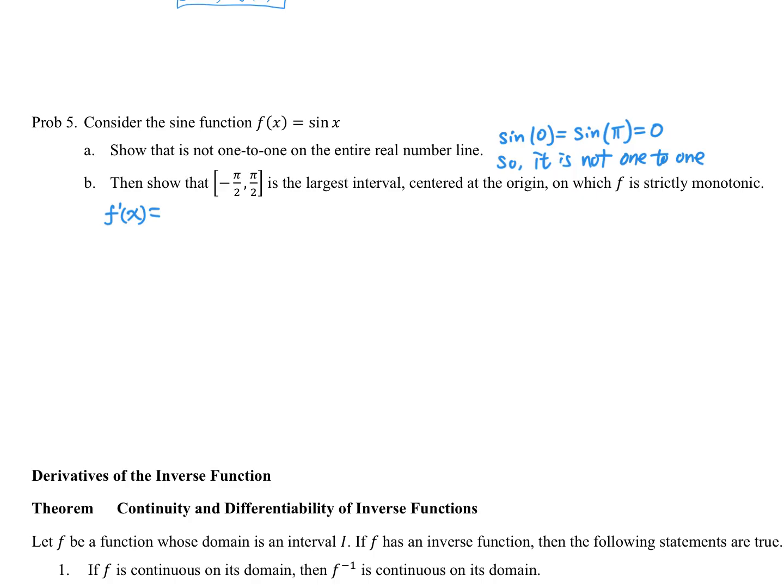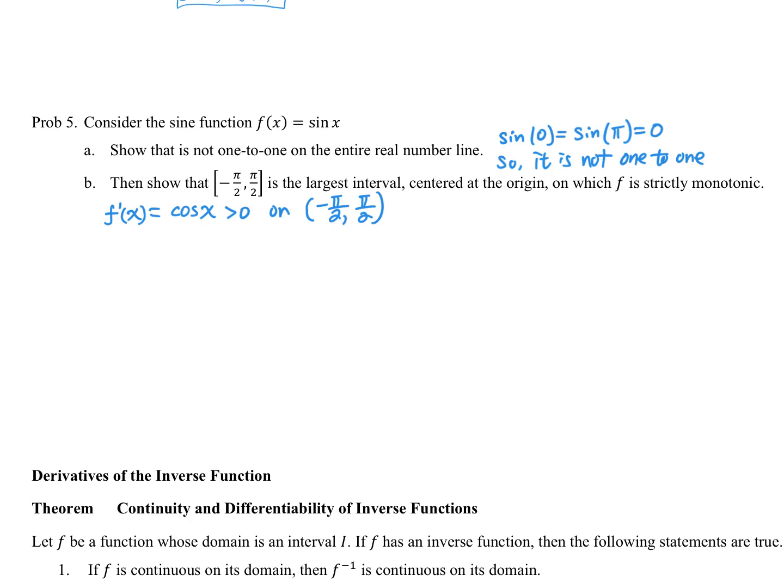So f prime of x is cosine x. Cosine x is strictly greater than 0 on this interval. It is actually equal to 0 at the two boundary points. But from here we can see that it's strictly increasing inside the interval.